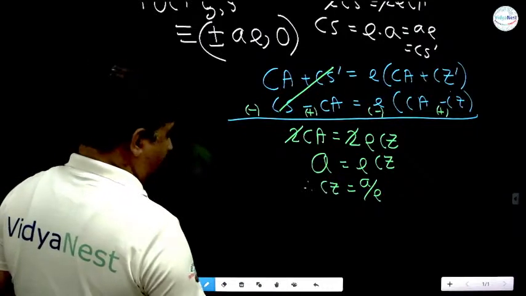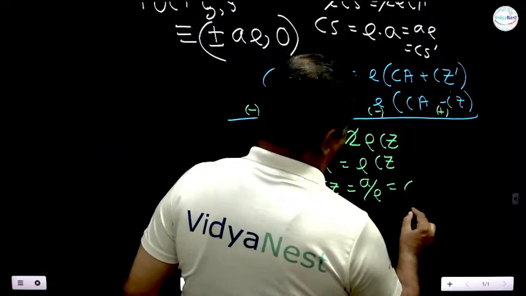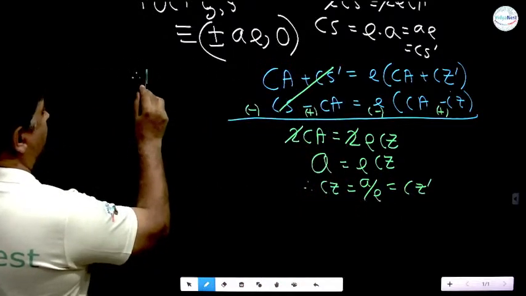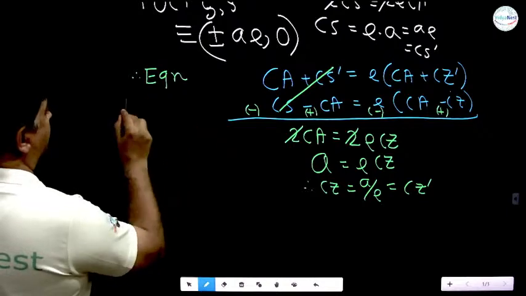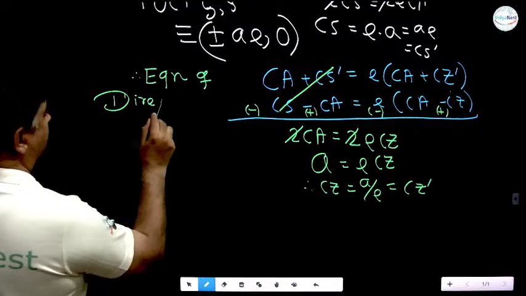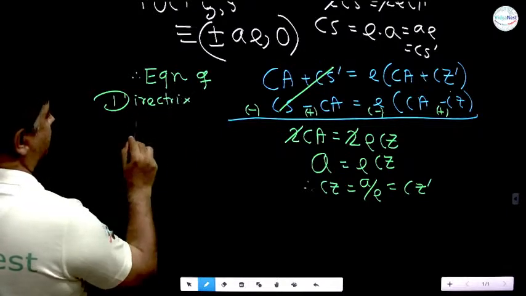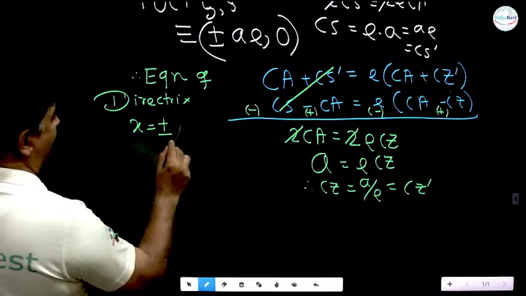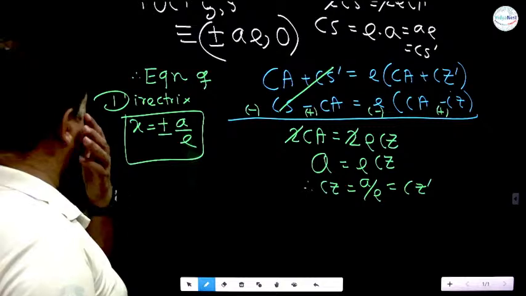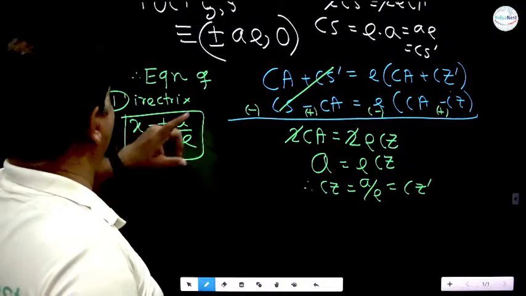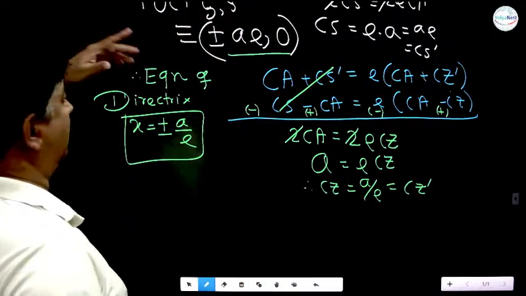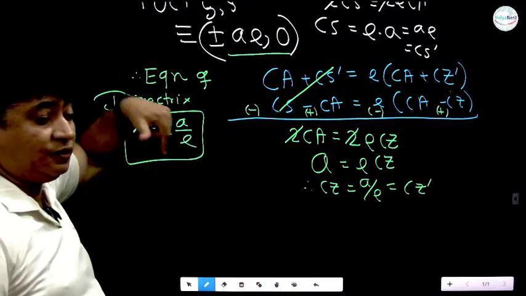So CZ is equal to A by E, which is equal to CZ dash. Therefore, the equation of directrix is X is equal to plus minus A by E. So we have got the coordinates of foci and the equation of directrix.